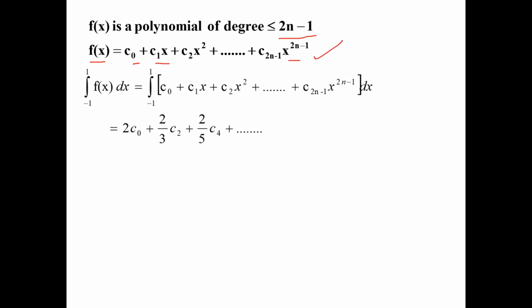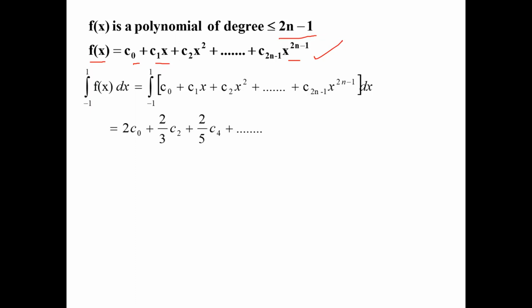तो हम मान लेते हैं कि f(x) जो एक पोलिनोमियल है जिसकी डिग्री लेस देन इक्वल टू 2n-1 है, और f(x) को इस फॉर्म में हमने लिया बिकॉज दिस इज अ पॉलिनोमियल: कांस्टेंट प्लस c1 x, c2 x square, these terms are there and last is c(2n-1) x to the power 2n-1. ये एक पॉलिनोमियल हम एज्यूम कर सकते हैं.